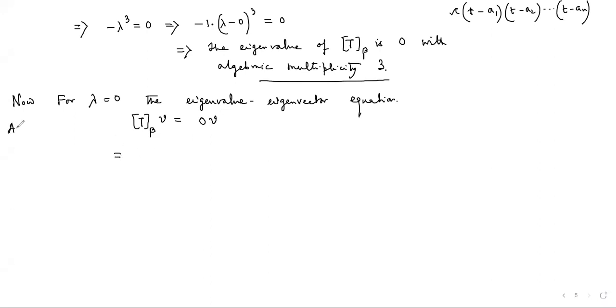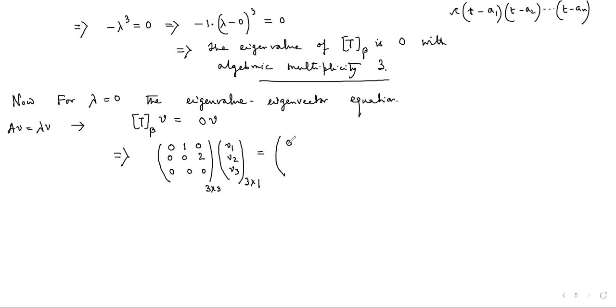So I've just written here Av equal to lambda v. This implies you put your T matrix, 0 1 0, 0 0 2, 0 0 0. Its order is 3 cross 3. Put a vector v1 v2 v3 over here, which should be equal to 3 cross 1, and that would be 0 0 0.